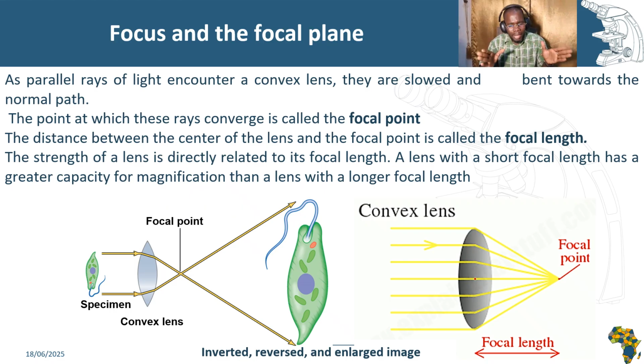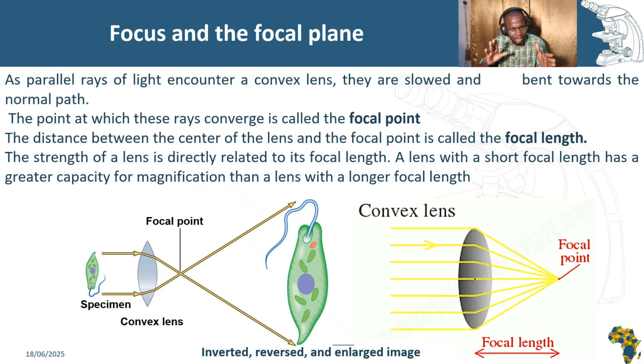The focal point is a particular spot where light rays converge after passing through the lenses. The focal length is the distance from the focal point to the center of the lens.